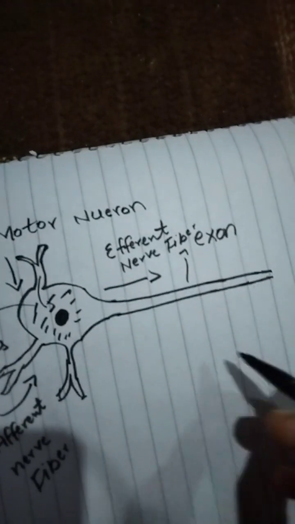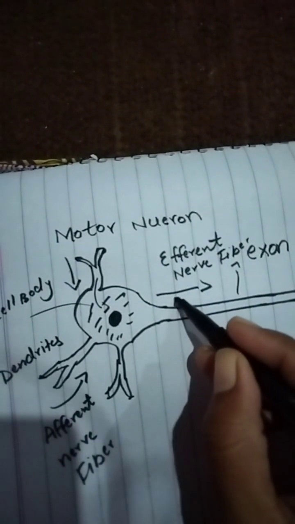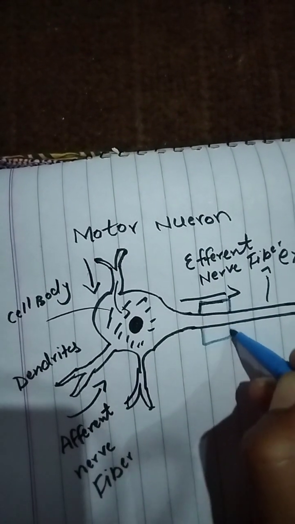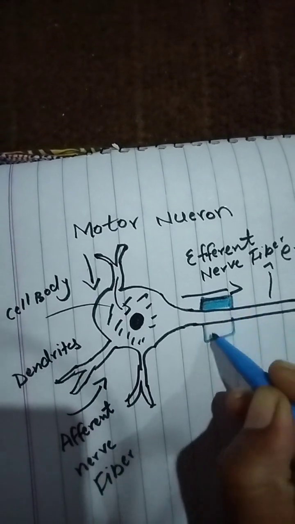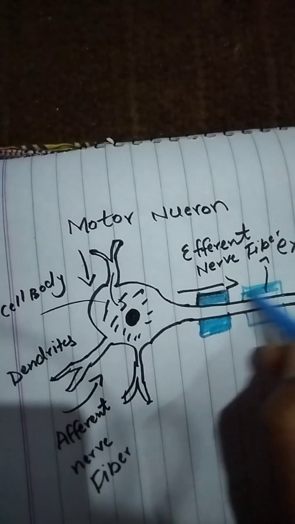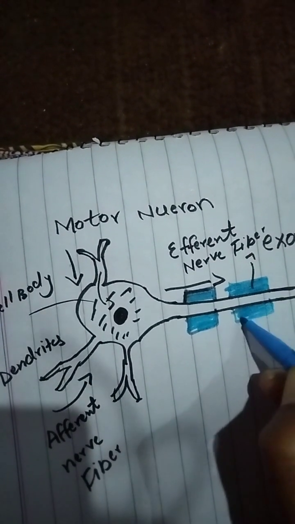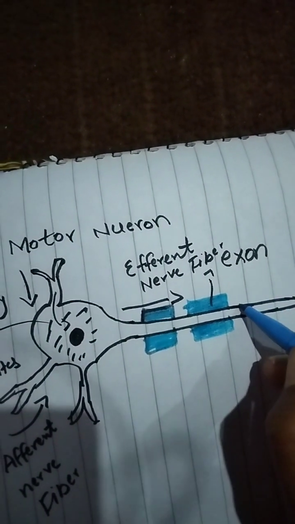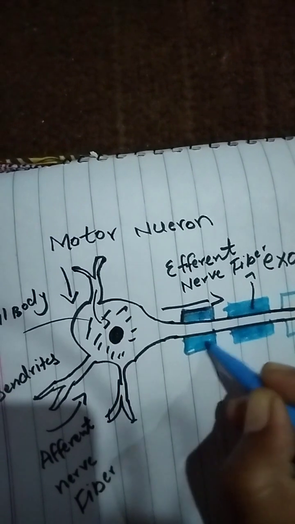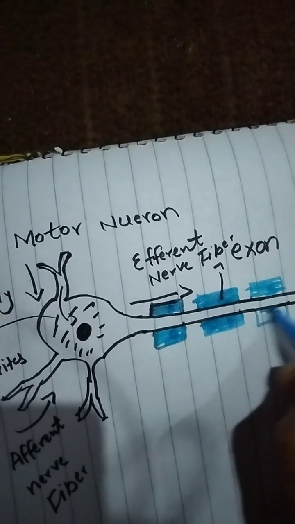So this axon is covered by cells. These cells protect the neuron and nourish the neuron, and when the neuron is damaged, these cells heal the damaged part of the neuron.